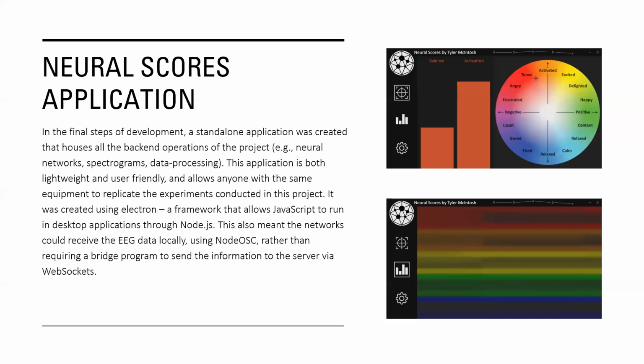This application is both lightweight and user-friendly and allows anyone with the same equipment to replicate the experiments in this project. It was created using Electron, which is a framework that allows JavaScript to run in desktop applications through Node.js. It meant that networks receive the EEG data locally using Node rather than requiring a bridge program to send the information to the server via WebSockets.